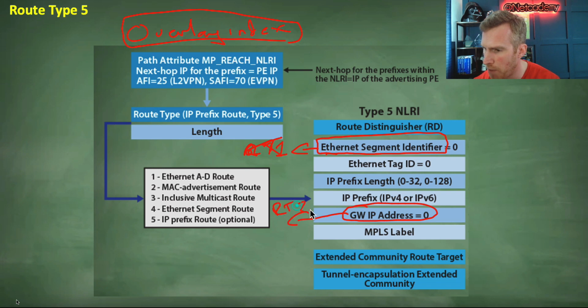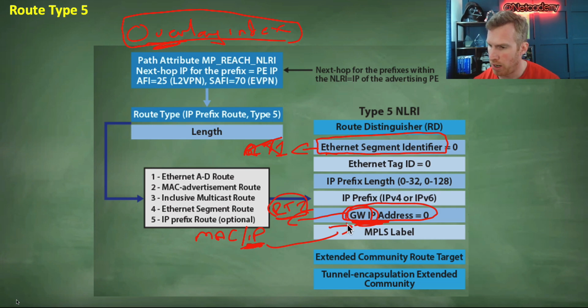The gateway IP address is defined via the route type 2, because within here there is a MAC address or optionally an IP address, and it is here that the gateway IP address is actually defined. So even though it's optional in the route type 2, it has to be there if the overlay index in the route type 5 is that of a gateway IP address.